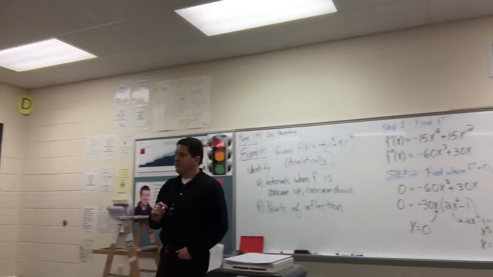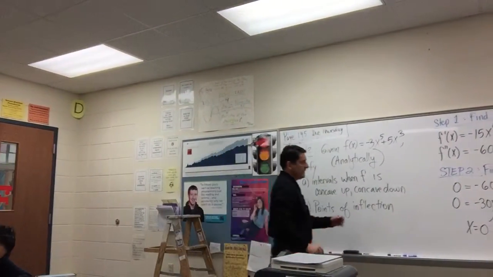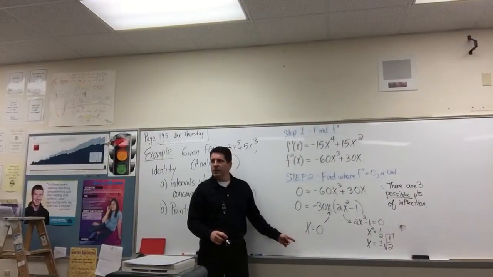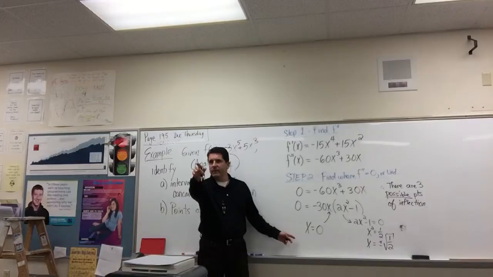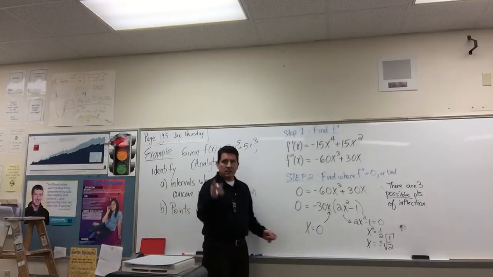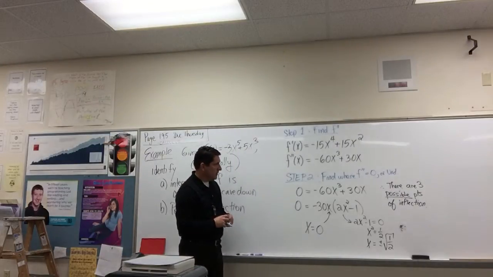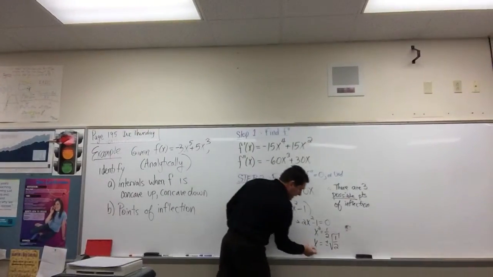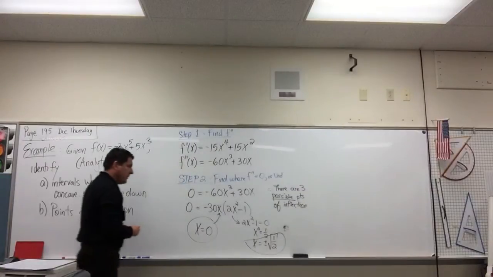Just because the second derivative is equal to 0 does not automatically make it a point of inflection. We saw that right back there. That third point, second derivative was equal to 0, but it didn't qualify. So make sure we circle what we got here. These are the magic points that we're going to use.